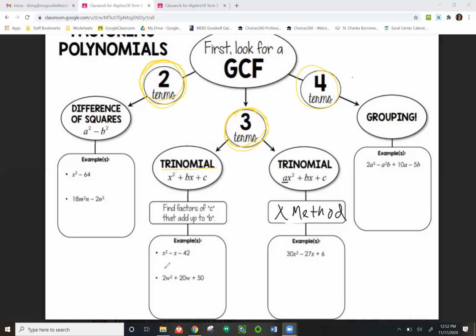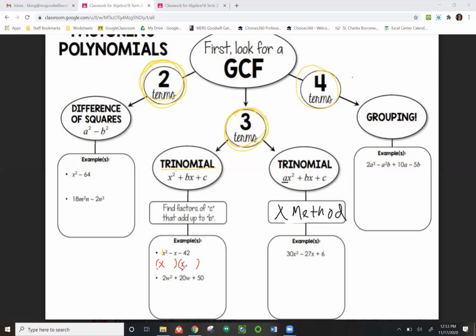Let's look at a couple of the examples. Here on the x squared minus x minus 42, since this is a trinomial, okay, it has 3 terms. The leading coefficient is a 1, okay? I can use this shortcut method. So I need to find, okay, it's going to be able to be factored into 2 binomials, where your first term will be an x, okay?